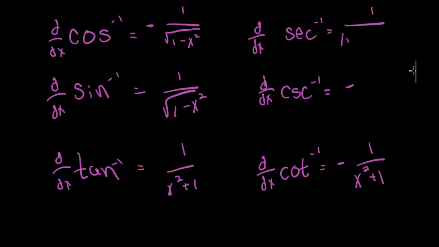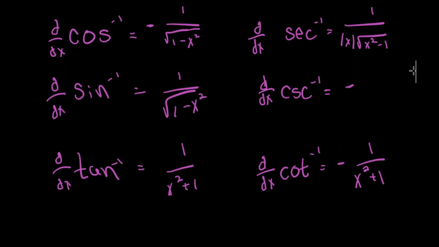So we have the absolute value of x, this times the square root of x squared minus 1. So when we look at cosine and we look at secant, we can see that in secant, this x is all the way to the left. And the way I memorize it and understand it is that your x with your secant and cosecant want to be buddies. They want to be friends.